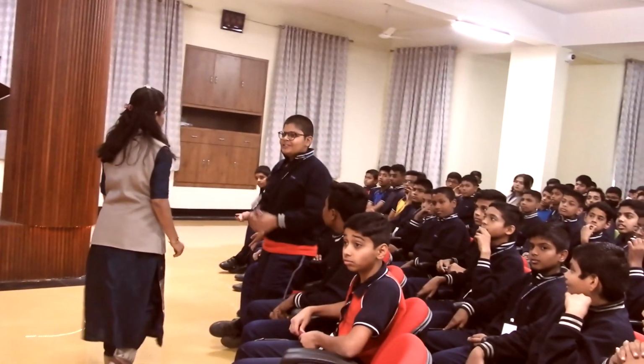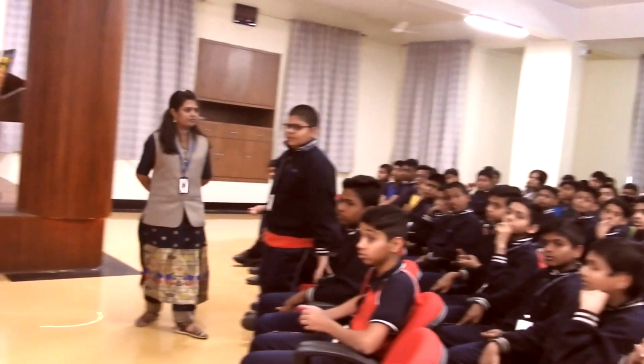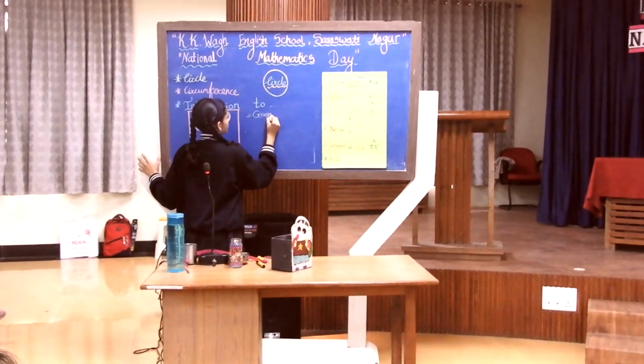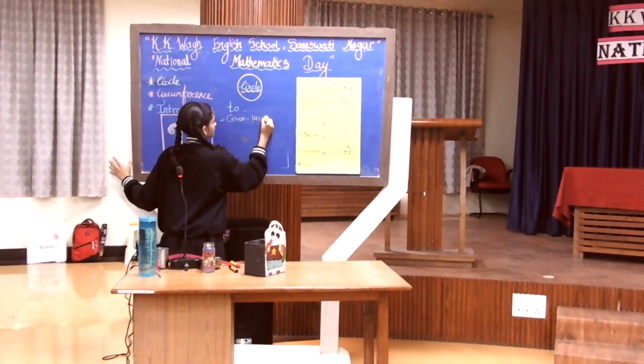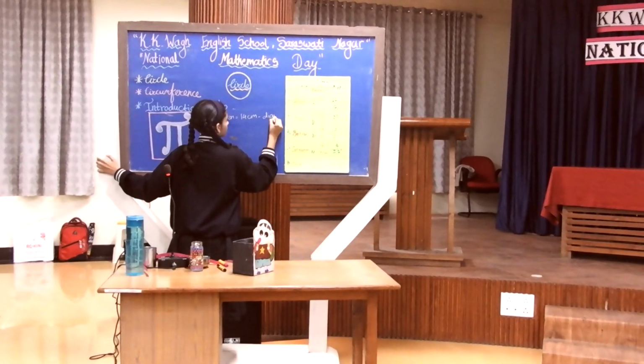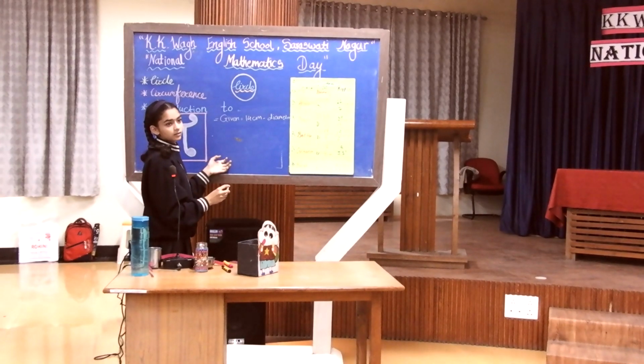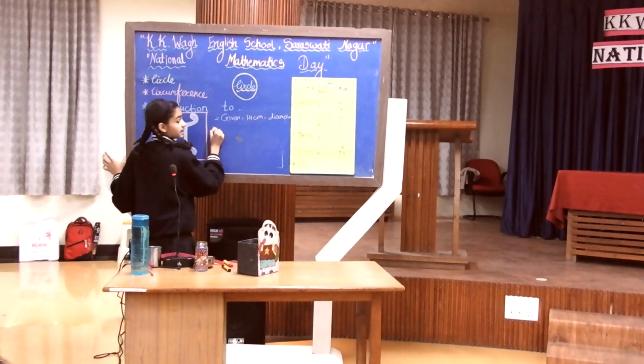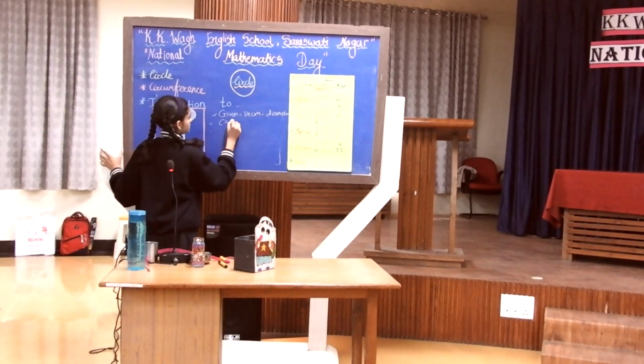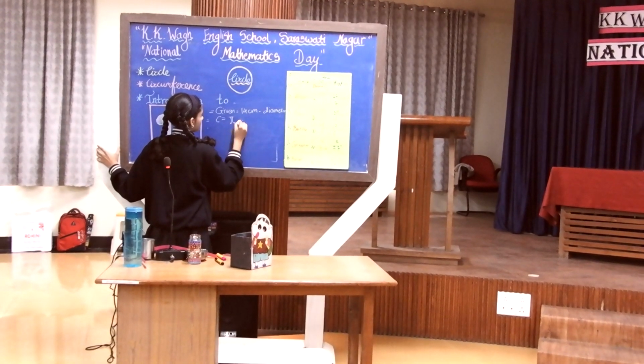Yes. 22/7 into 14. But first we will write the given, that is 14 centimeters diameter. Then we will write the formula of circumference, that is C is equal to pi d.